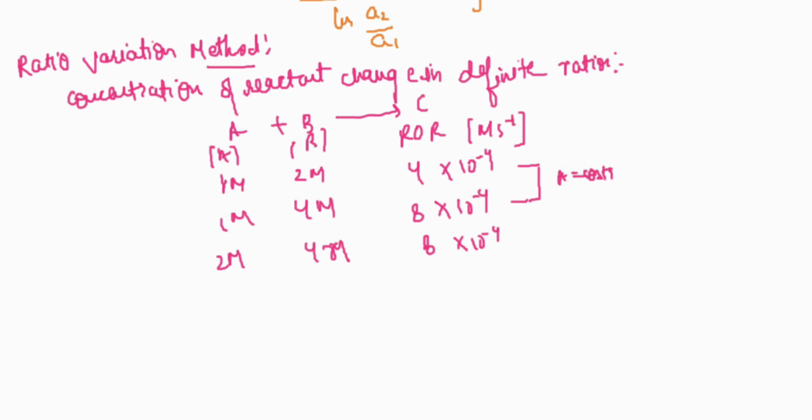So here we can figure out that R equals K into B, a single power of B, because the concentration of B is doubled and the rate is doubled. Now if we see the third and fourth experiments, we have doubled the concentration of A, kept the concentration of B the same, and the rate of the reaction is the same. So we conclude that the rate doesn't depend on the concentration of A, and depends only on the concentration of B.